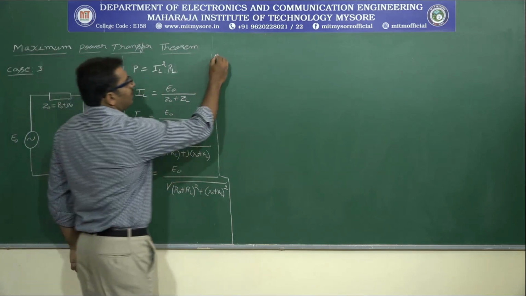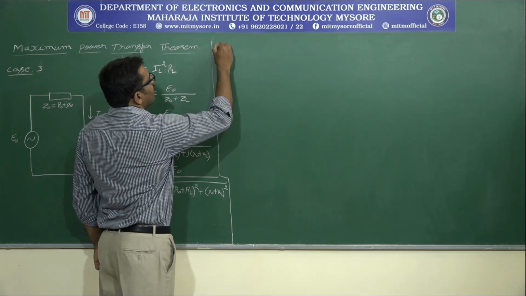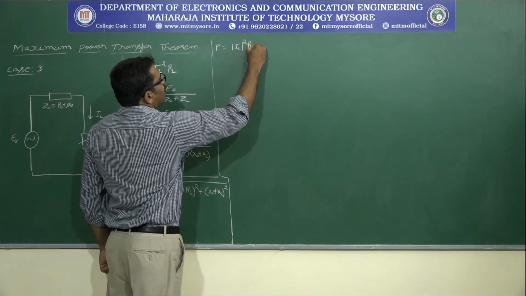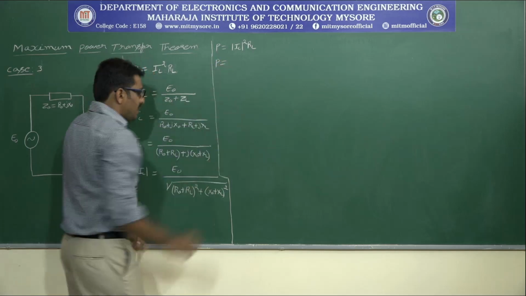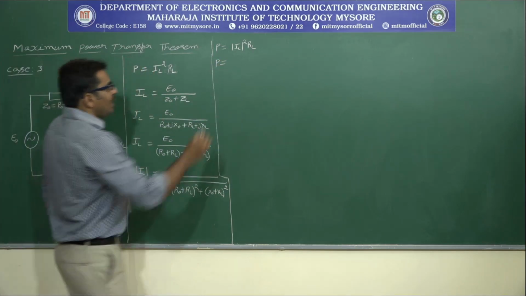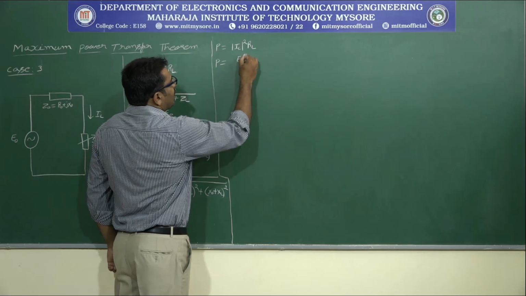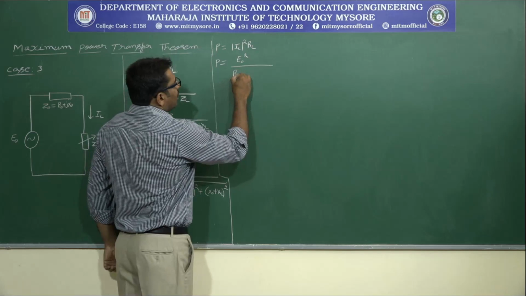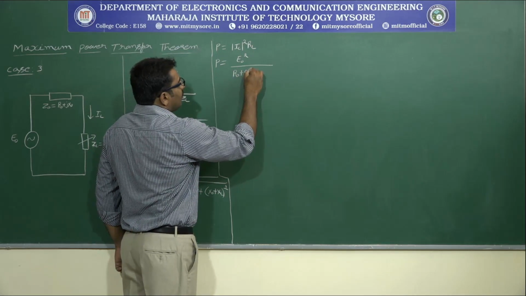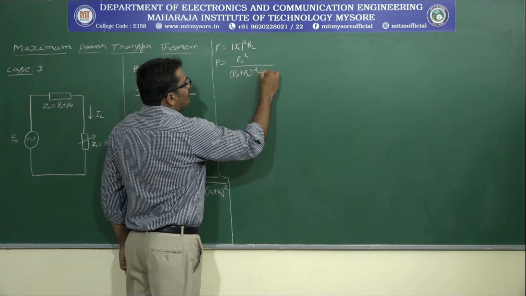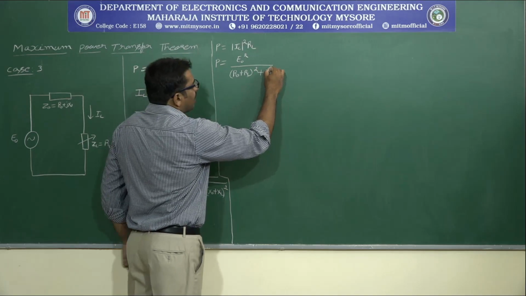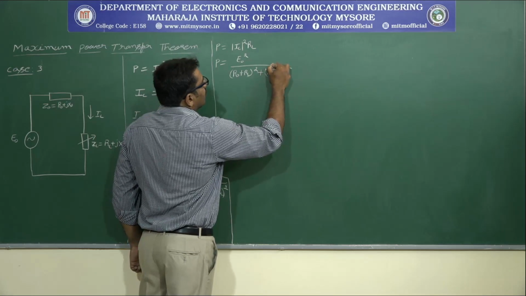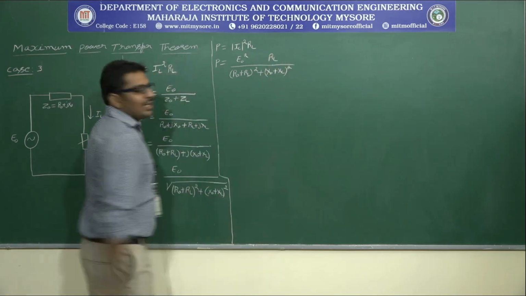Now just calculate power. P is equal to the magnitude of IL square into RL. Therefore, P is equal to, what is magnitude of IL square? E naught square divided by R naught plus RL square plus X naught plus XL square into RL.